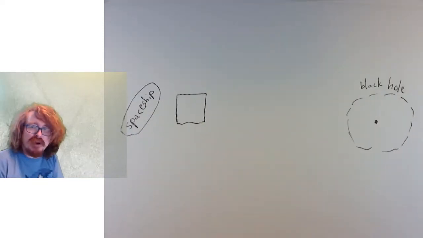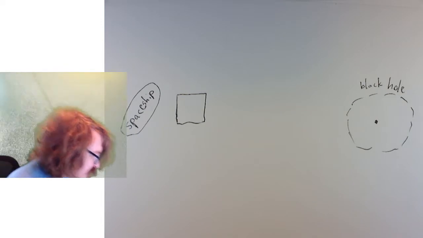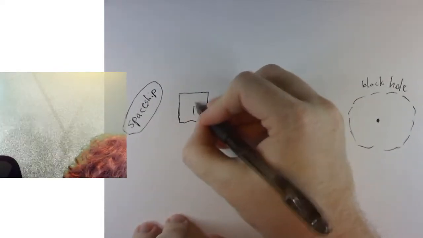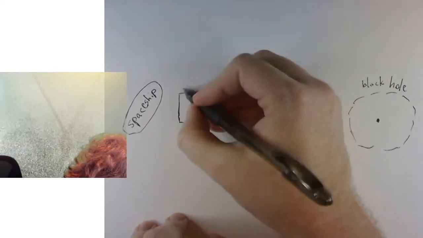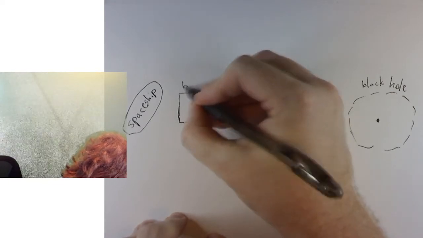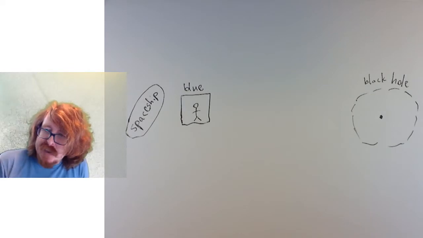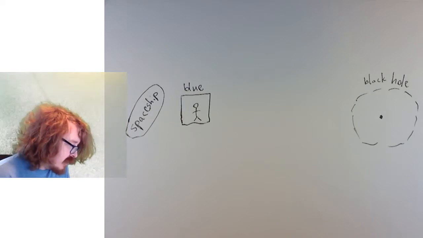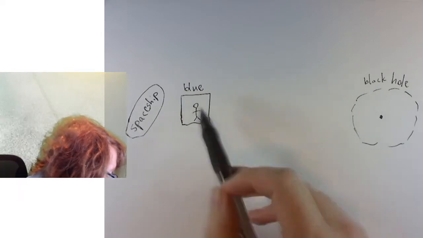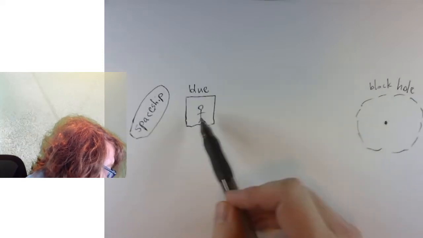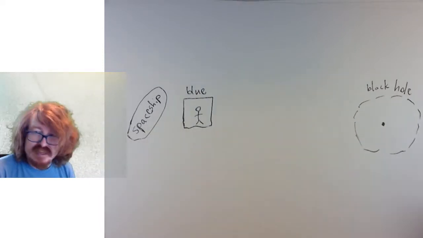For the purposes of this experiment, I've spray painted this box blue. It's a blue box. And right now, because he's closer to the black hole than us, he's going to feel a little bit more gravity than us.